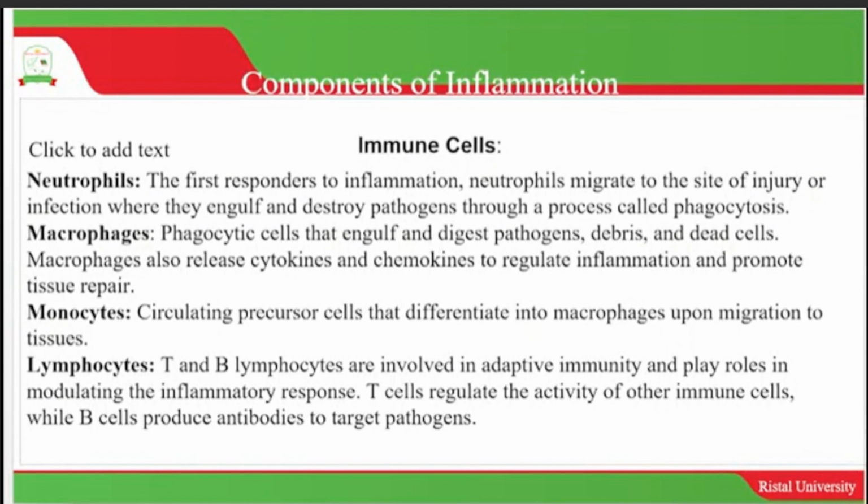The white blood cell count will include numbers of neutrophils, macrophages, monocytes, lymphocytes, and assessing the quantity of these immune cells in the body will tell us that there is an infection. And that's why, as pathophysiology students, we should be able to note that.